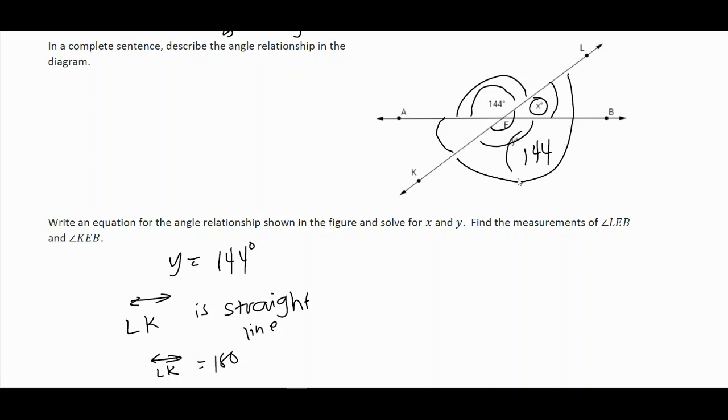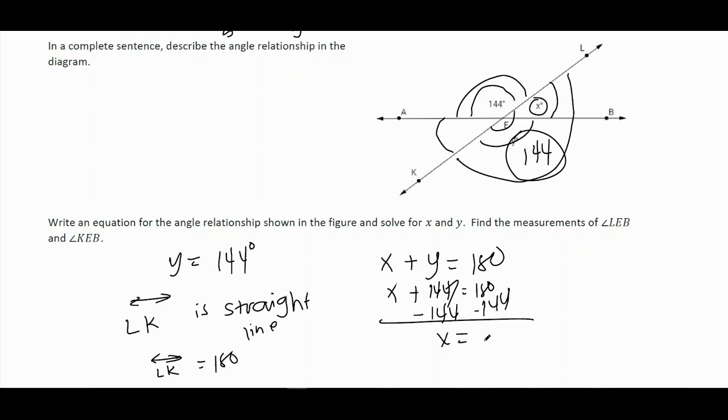Since you already have y, basically it's just going to be like this. x plus y is equal to 180, right? x, this one, plus y, this one, is equal to 180. x is unknown, plus y is 144, is equal to 180. Subtract both sides by 144. x is equal to 36. There you have it. As easy as that.